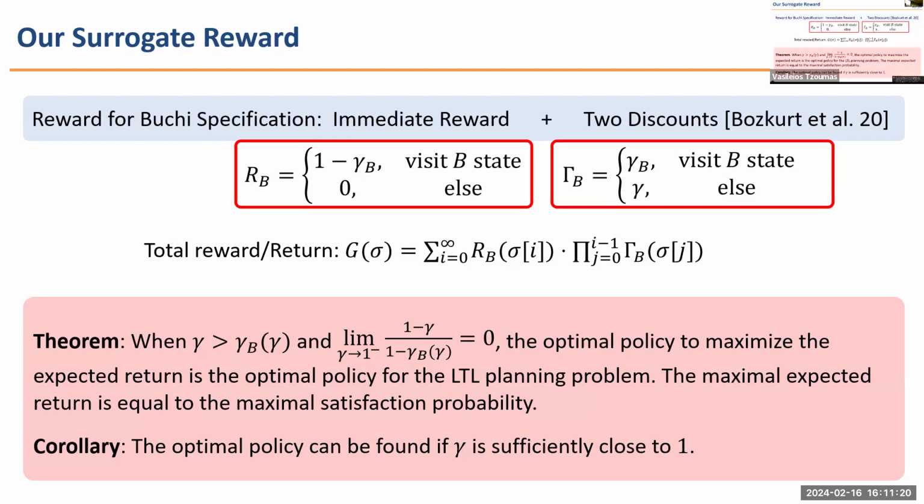But as in reinforcement learning, the further the step, the more discount you have on that reward, and the discount factor here is state dependent. It is not a constant value for all.